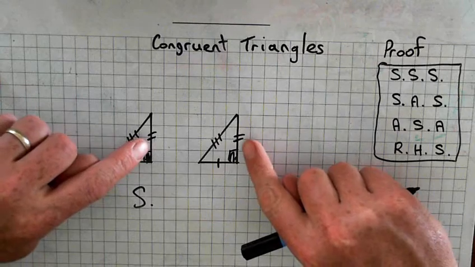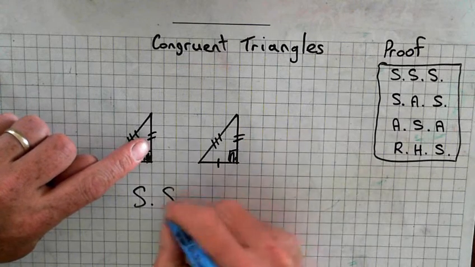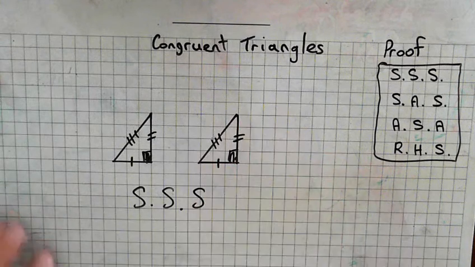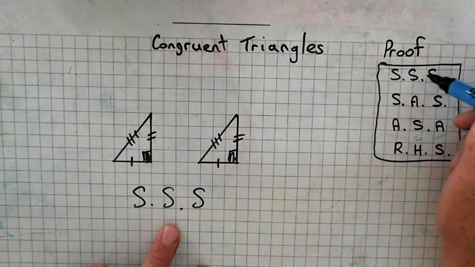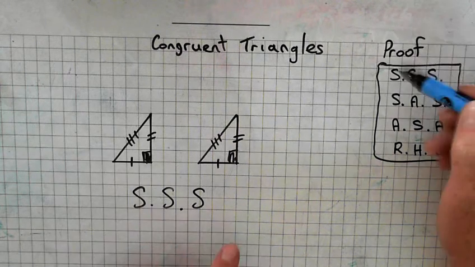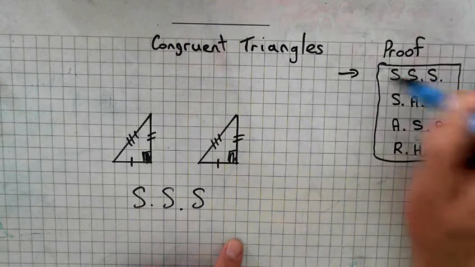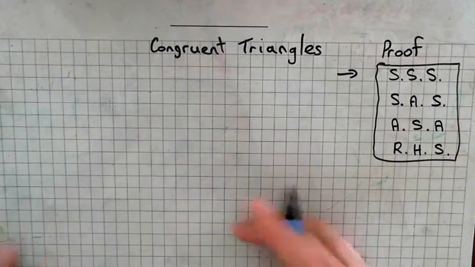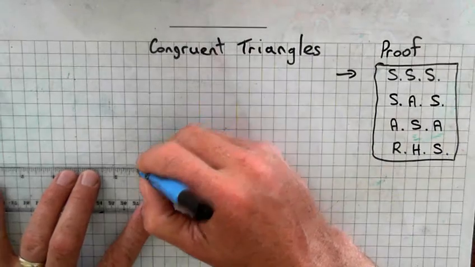We have another side that's the same. And we have a third side that's the same. Alright. So there are 4 different proofs that triangles are congruent. That's the first one. 3 sides are the same. SSS. Right. It could be drawn like this.